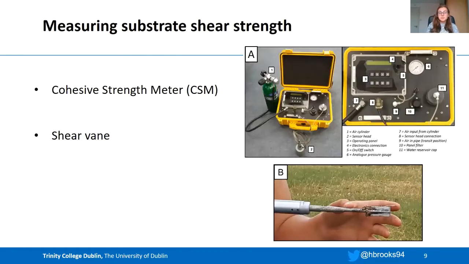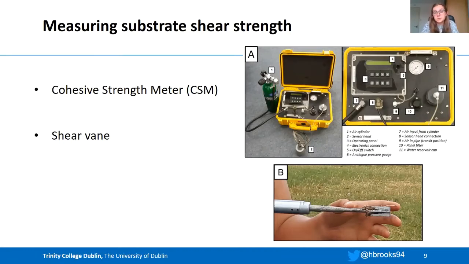So then, measuring the substrate shear strength. I mentioned that we used a cohesive strength meter and a shear vane. The cohesive strength meter is shown at the top right here, and basically this grey chamber is placed on the sediment. It's filled with water, and then we fire a jet at the surface.